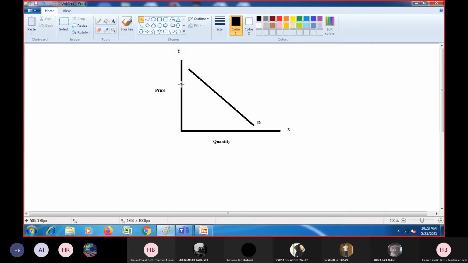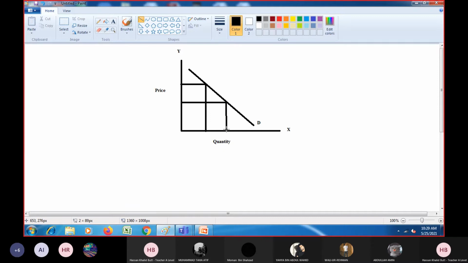You can see that, let's say this is the price. So what is the quantity or quantity demanded? You can say the products people demand this much. So when price goes down, you can see what happens to quantity demanded.